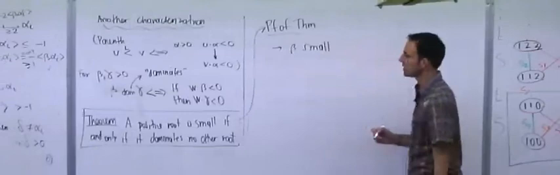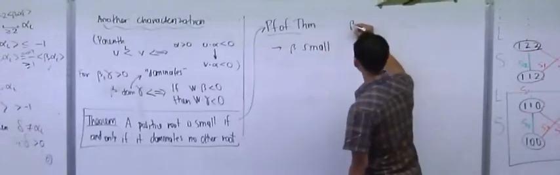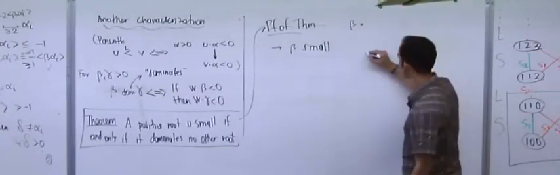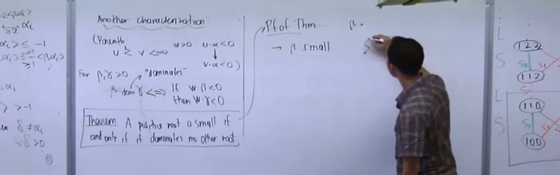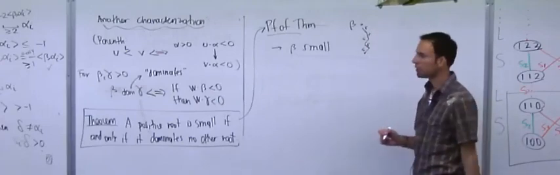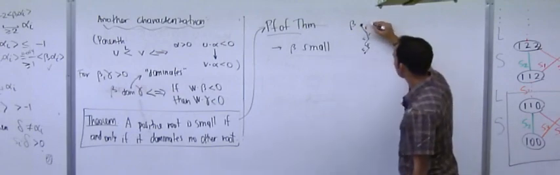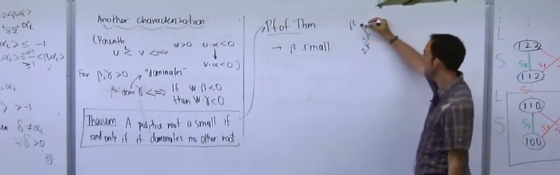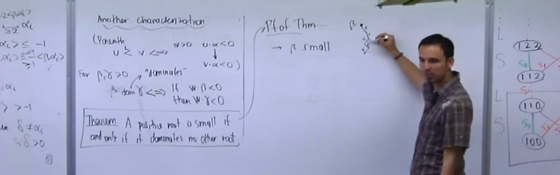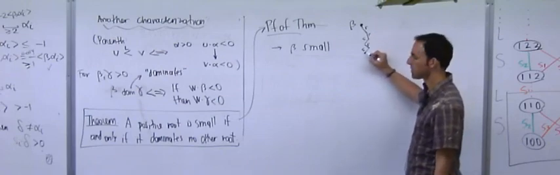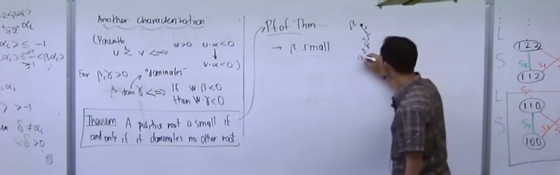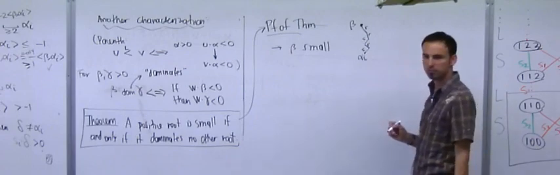Take beta small. I need to show that it dominates nobody. Well, what I do then is that because beta is small, that means that I can get from the bottom to beta using only short edges. Short, short, short, short, short. So beta dominates someone if and only if this guy dominates someone, if and only if this guy dominates someone, etc. If and only if the simple root alpha I dominates someone.